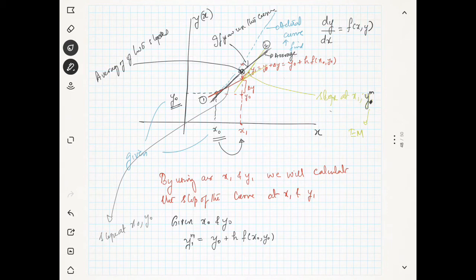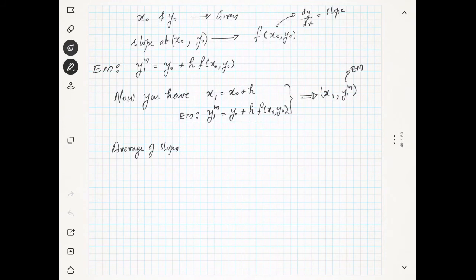The average will give you a good approximation to the slope, because the slope of the curve is changing actually according to the function. So the average of the slope is nothing but the slope at x naught y naught plus the slope at x1 and your new point y1 of m, and you will divide it by 2. So this is the average of the slope.